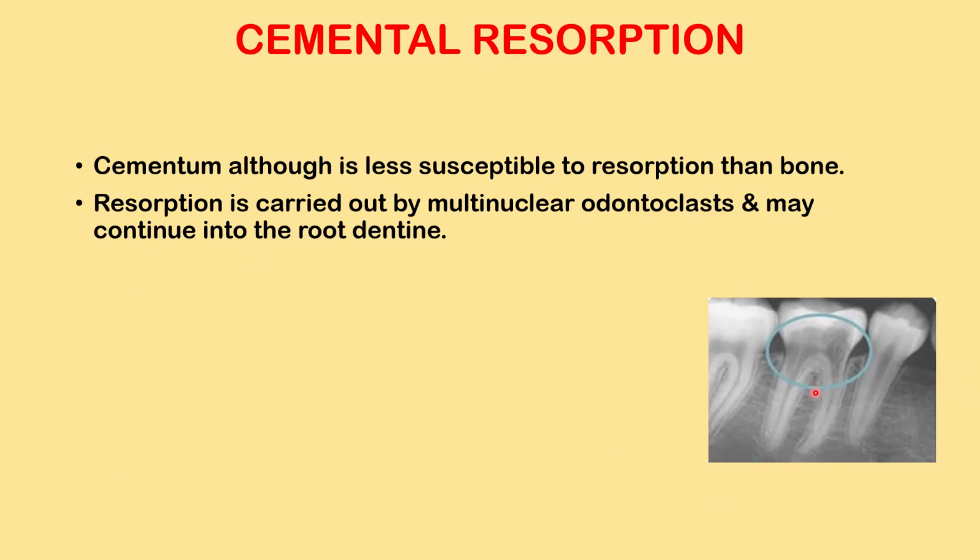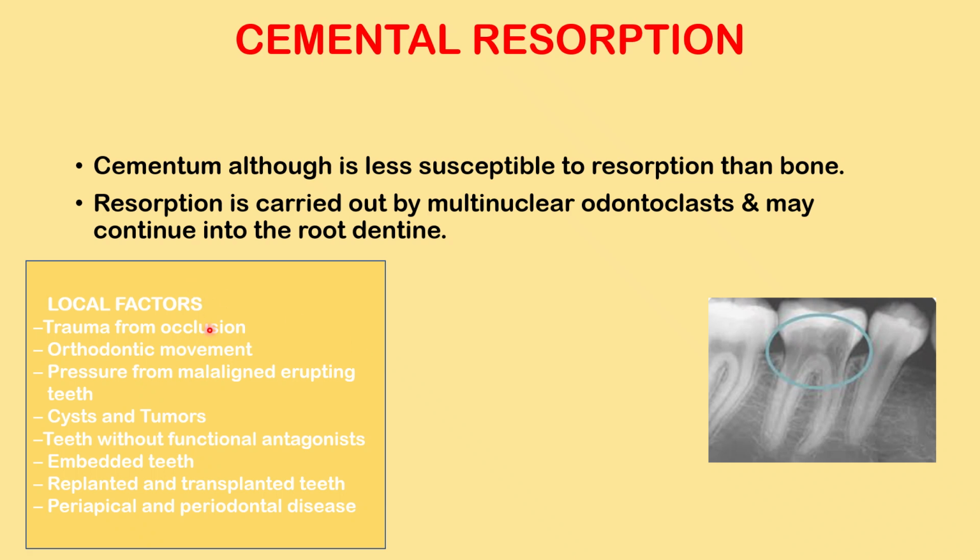Now talking about cemental resorption. Although cementum is less prone to resorption than bone, it can be resorbed by multinucleated odontoclasts, sometimes extending into root dentine. There are various causes, for example, local factors which include trauma from occlusion, orthodontic movement, pressure from malaligned erupting teeth, cysts and tumors, teeth without functional antagonists, embedded teeth, replanted and transplanted teeth, also periapical and periodontal disease.